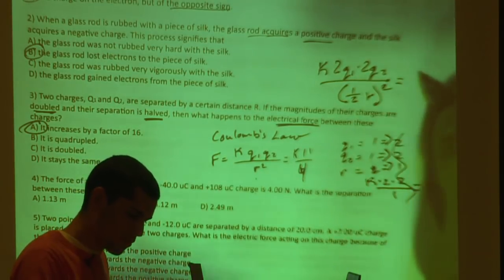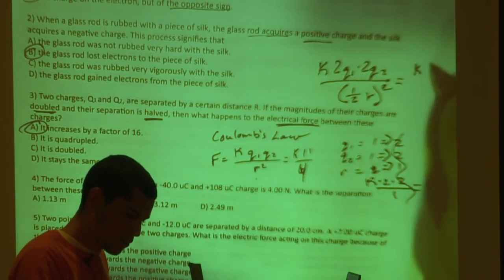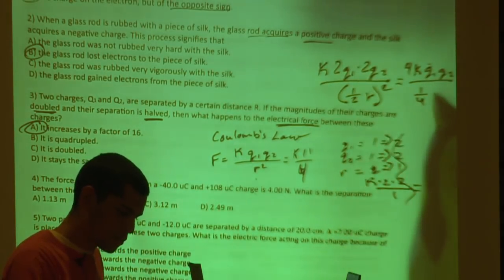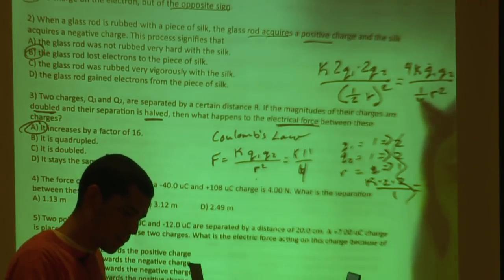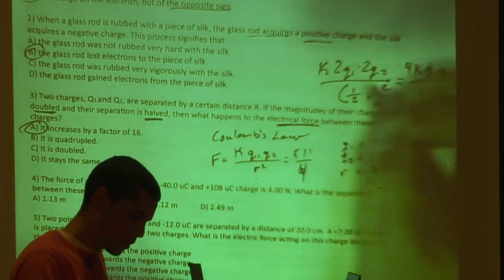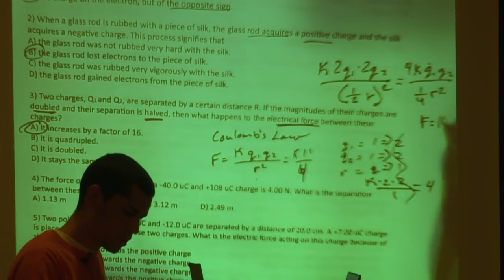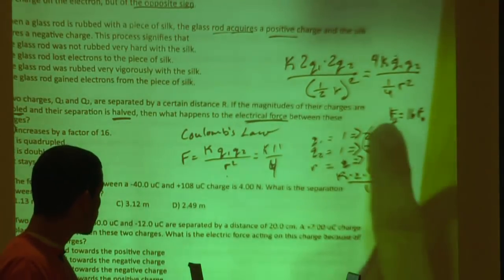That will simplify to 4K Q1 Q2 over 1 over 4, because the 1/2 is squared, and then we bring that 4 up, so essentially our final force is equal to 16 times the original force.